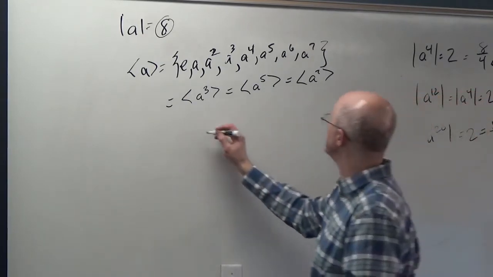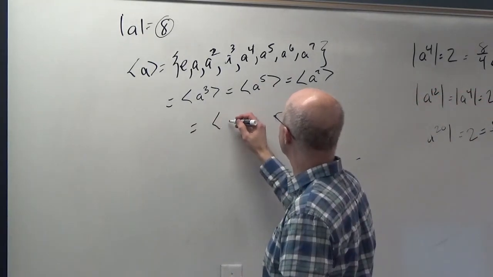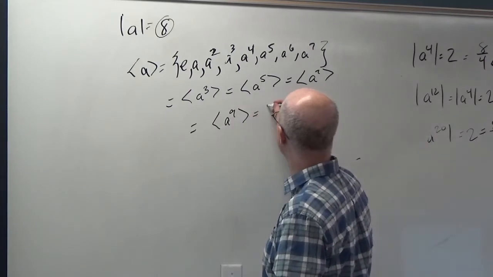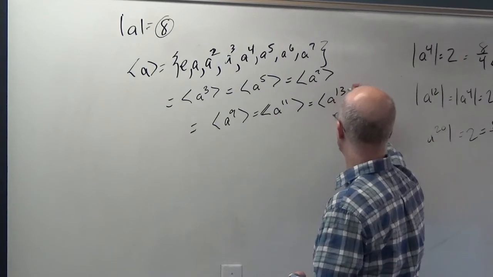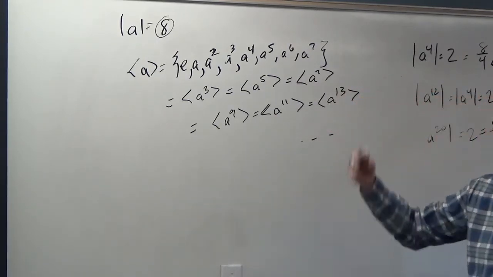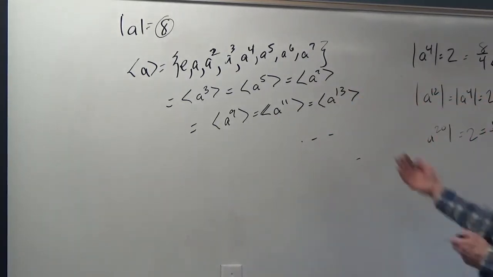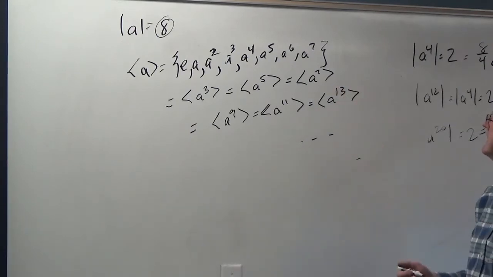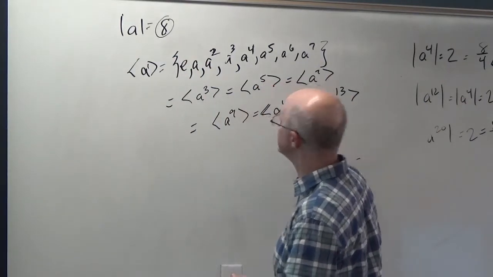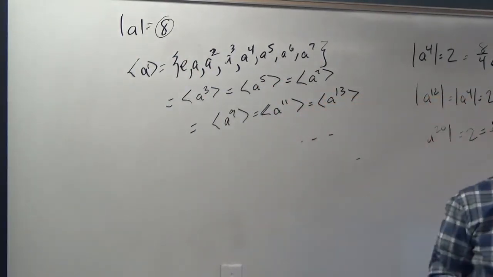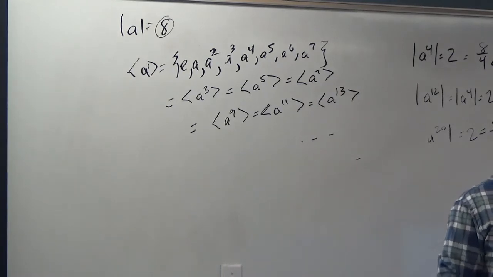And it'll also be generated by a to the 9th, and a to the 11th, and a to the 13th. As well, you can do higher powers, but of course those powers, like a to the 13th, are the same as lower powers. a to the 13th would be the same as a to the 5th. Focusing on the lower powers, a to the 1st, a to the 3rd, a to the 5th, a to the 7th, 1, 3, 5, and 7, those are the elements of U8.